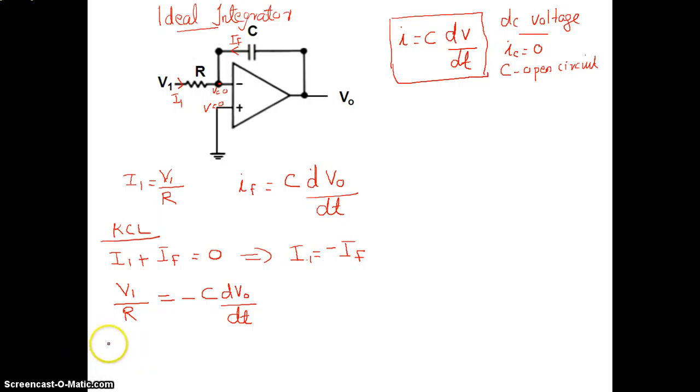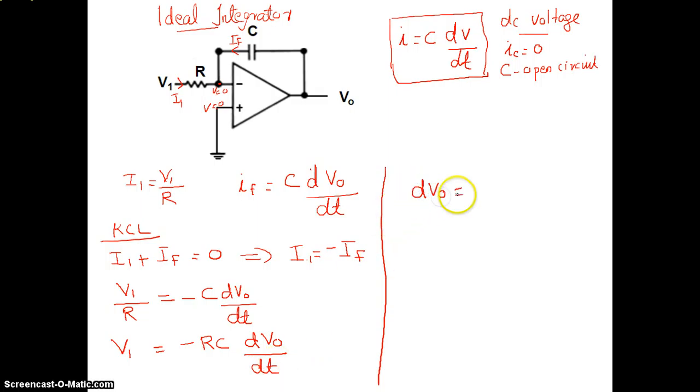I can write V1 should be equal to minus RC dVO divided by dt. Now from here I can write dVO should be equal to V1 dt divided by minus RC.